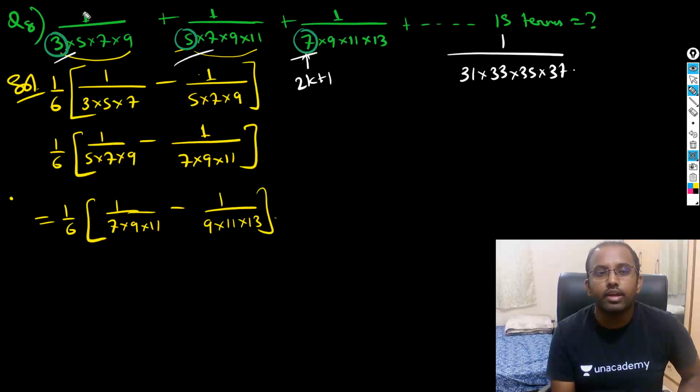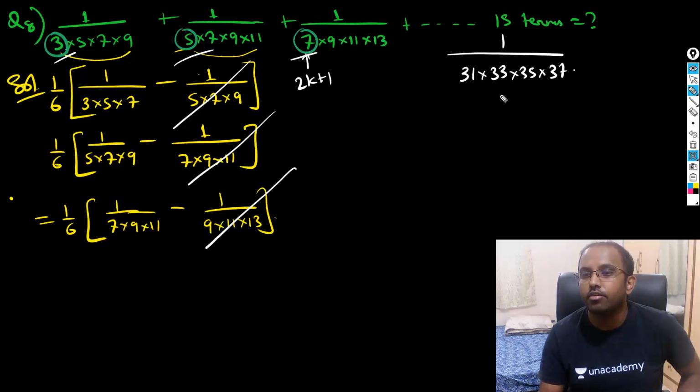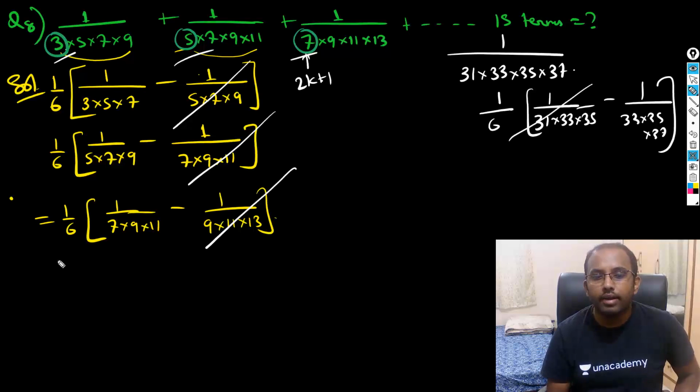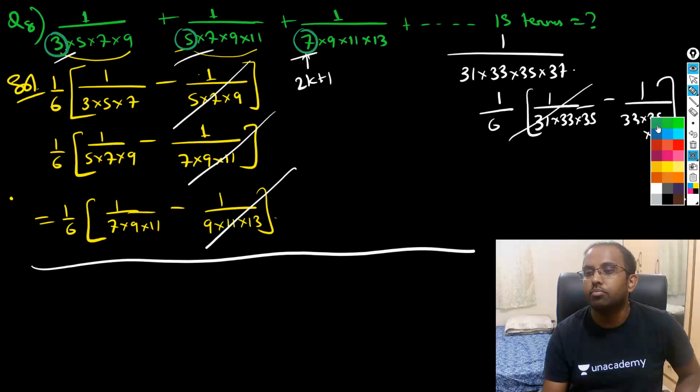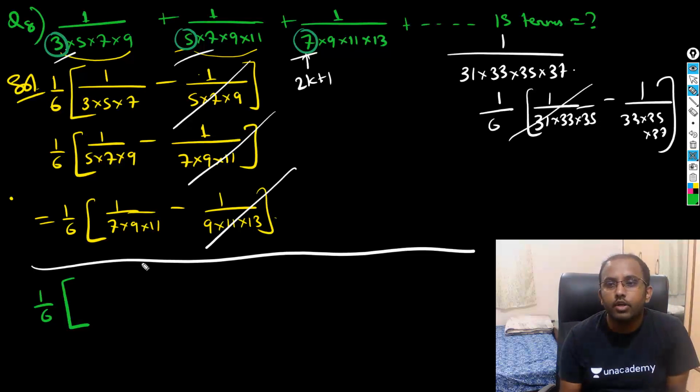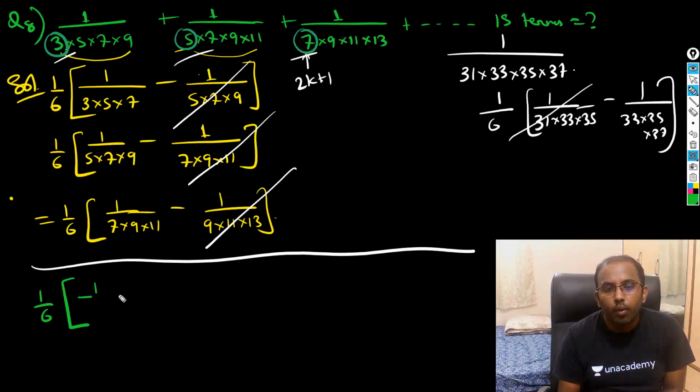Now these values will get cancelled. All these terms will get cancelled after adding, and even if you break like this, 1 by 6 goes outside upon 1 by 31, 33, 35 minus 1 by 33, 35, 37, and this again gets cancelled. Ultimately I am left with 1 by 6 into 1 by 3, 5, 7 minus 1 by 33, 35 and 37.